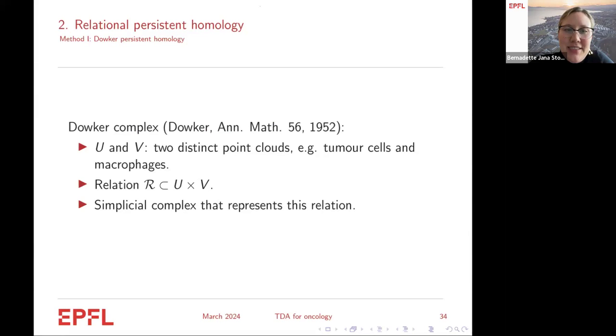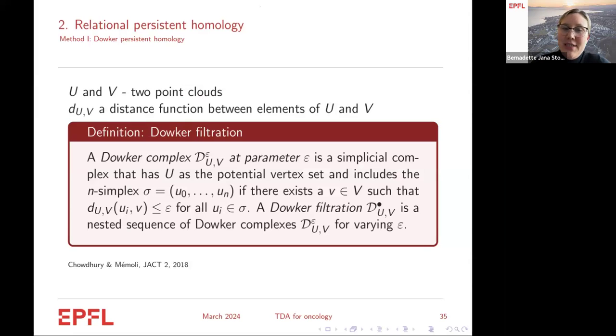So the Dowker complex was introduced by Dowker in 1952. Basically, if you have two distinct point clouds, U and V, which in our case can correspond to tumor cells and macrophages, for example, and some relation on these 2 point clouds, then the Dowker complex is a simplicial complex that represents this relation. You can build a filtration on this.